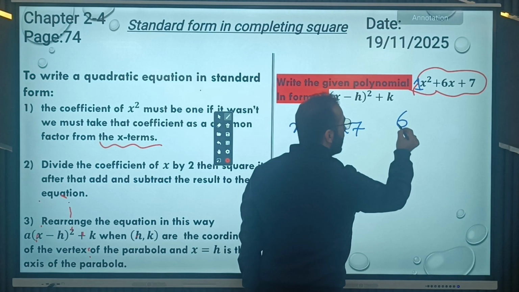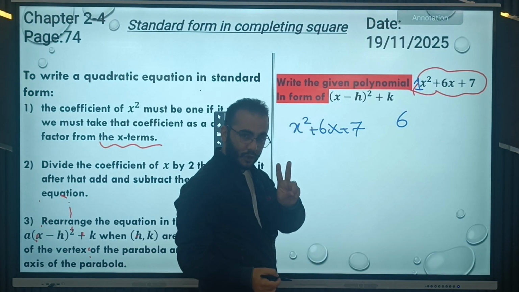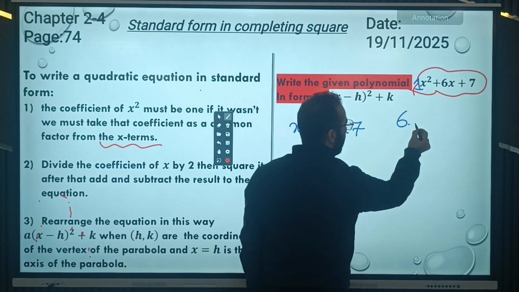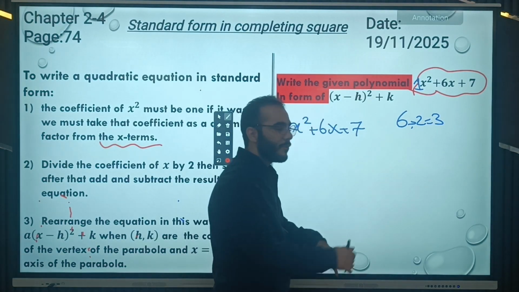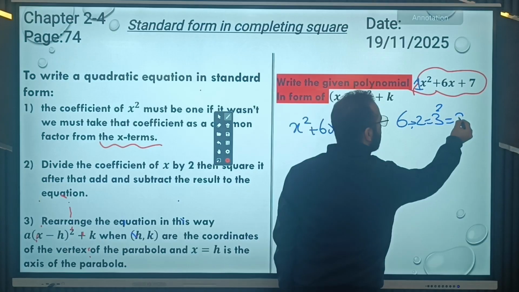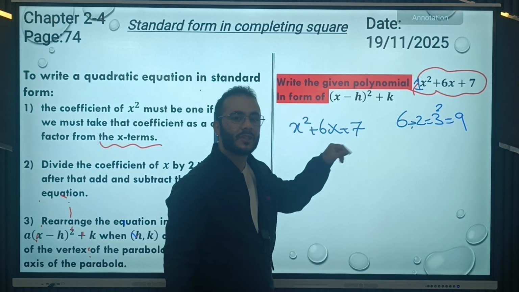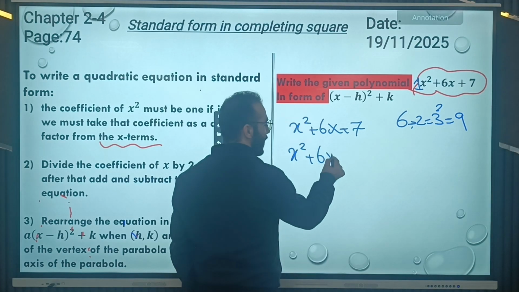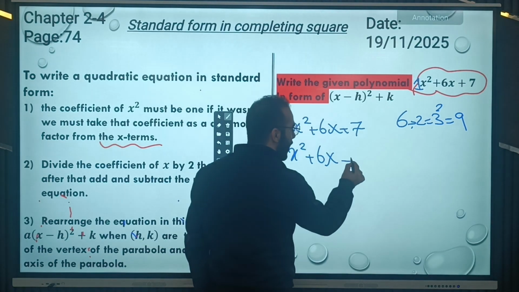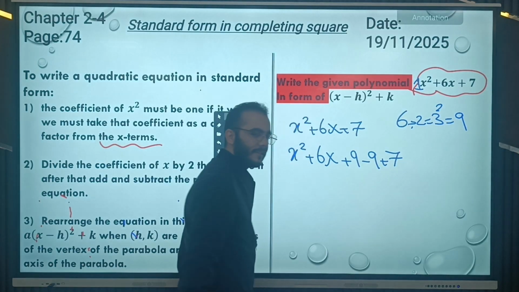Divide the coefficient of x by 2, and we get 3. Then power it by 2, and we get 9. Whatever you got, you need to add it and subtract it in the equation. So x squared plus 6x plus 9 minus 9 plus 7.